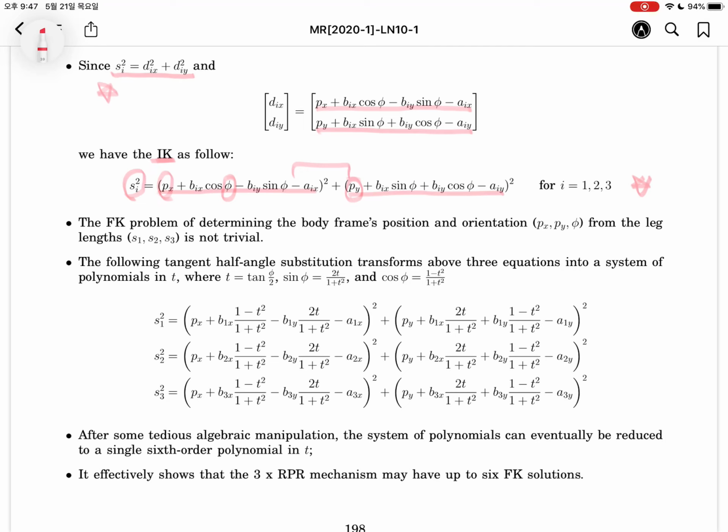On the other hand, the forward kinematic issue is a little bit difficult. The forward kinematic problem of determining the body frame position and orientation from the leg lengths is not trivial, a little bit hard.